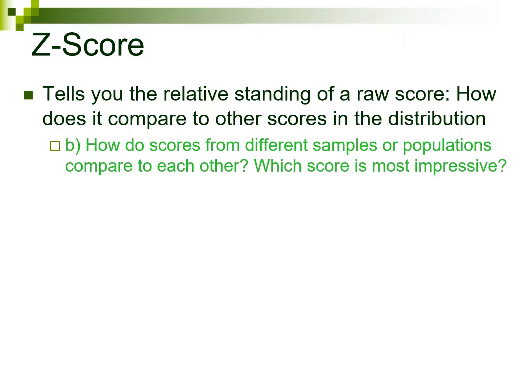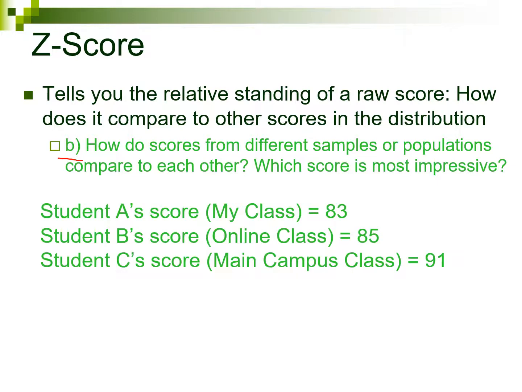So again, what we're talking about now is the second thing we can use z-scores for. How do scores from different samples or populations compare to each other? Which score is most impressive? So here's the situation. Let's say I take students from 3 different statistics classes and look at their final grade in the statistics course.